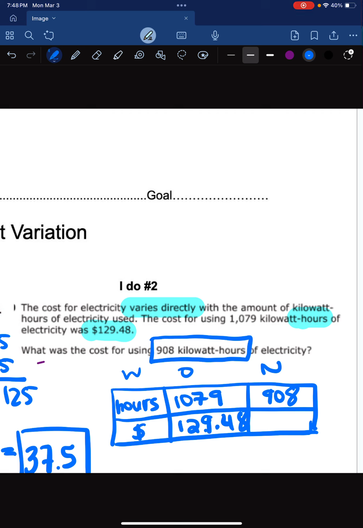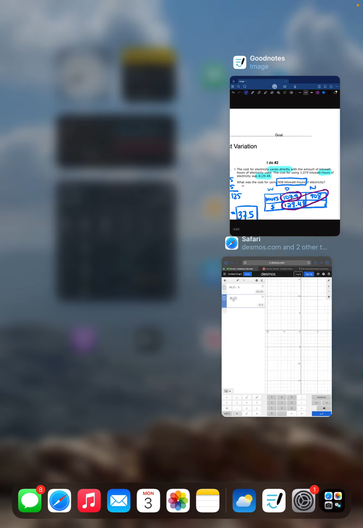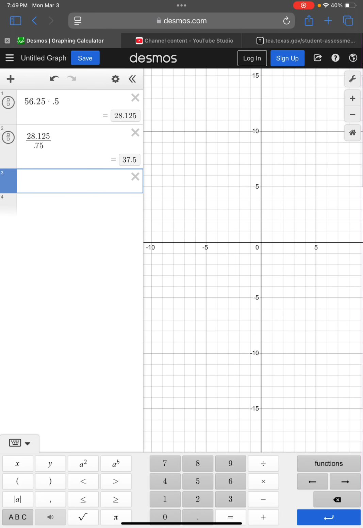I'm going to continue with the same strategy. I'm going to multiply these two numbers here and then divide by 1,079. Okay, so let's do it.